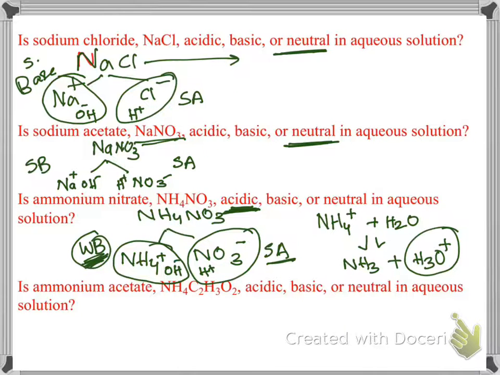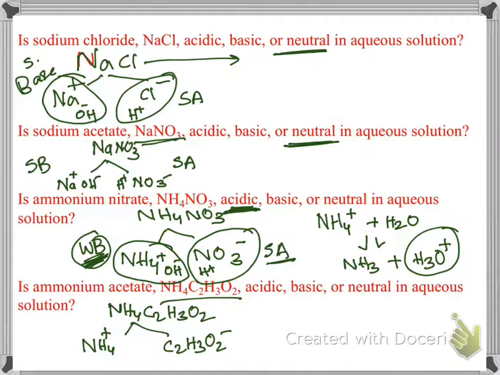The last example here is ammonium acetate: acidic, basic, or neutral? For this one, first again, let's break it down. Ammonium acetate is made up of ammonium ions and acetate ions.